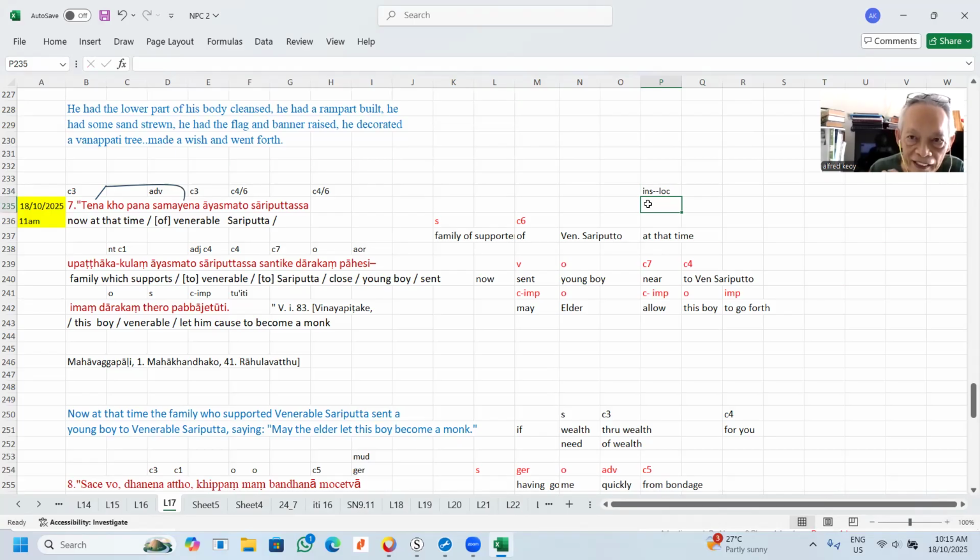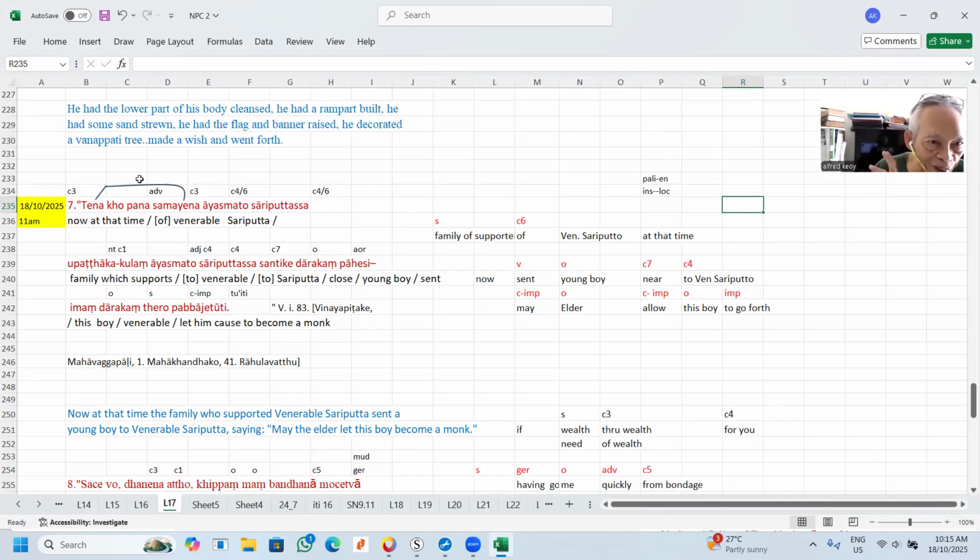This is the application. It means one of them is Pali, one of them is English. English uses a different preposition, and Pali uses a different preposition. So it is not because you don't know the case; you know the case.